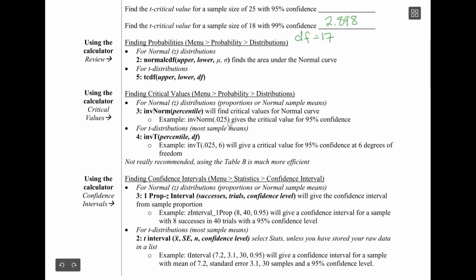I do want to go over using the calculator to find confidence intervals. You definitely need to know how to use that, because it definitely speeds up your time.